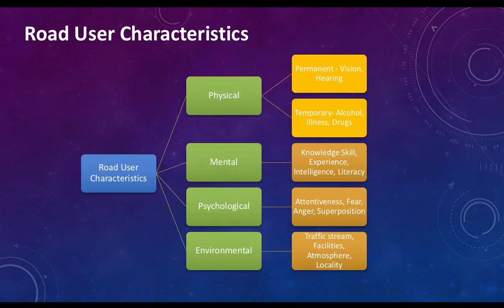Coming to the next, we'll start with road user characteristics. Road user means, as we have already spoken, human beings, people who use the road. Under this we have 4 categories. The first is physical, then mental, psychological, and the last is environmental. Let's see these in detail. Under physical we have 2 conditions, permanent and temporary.